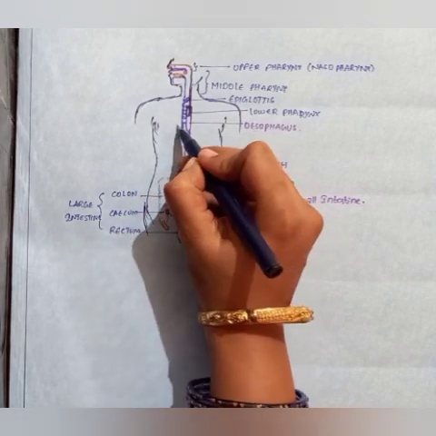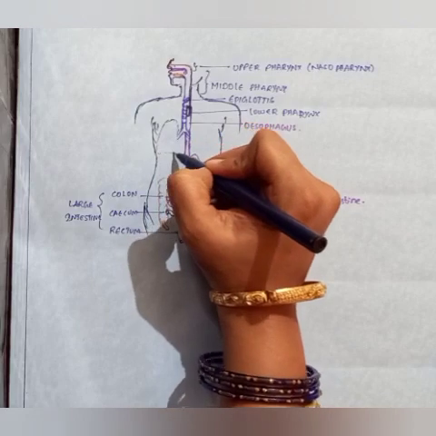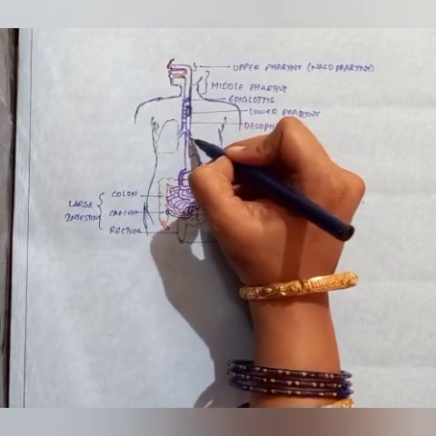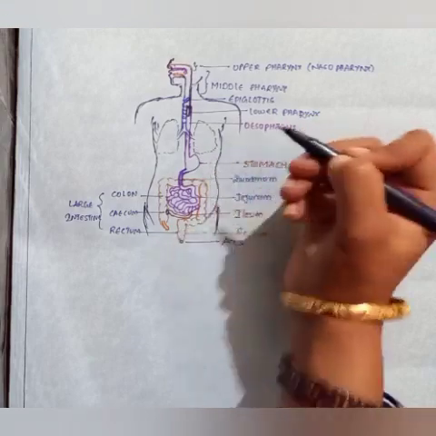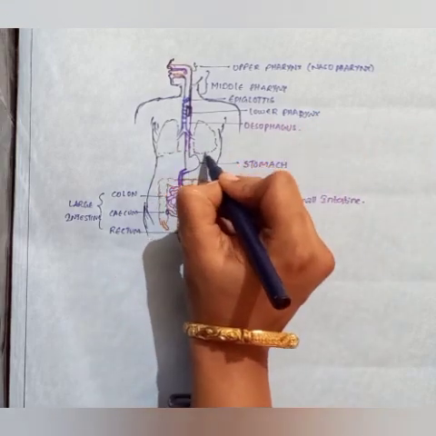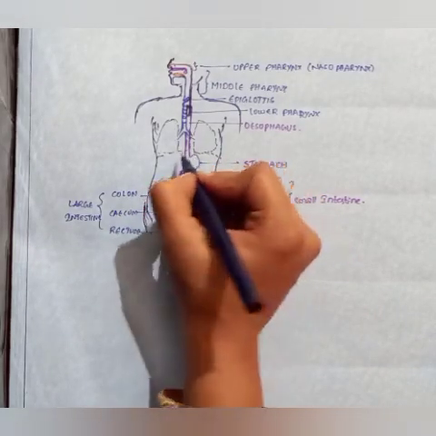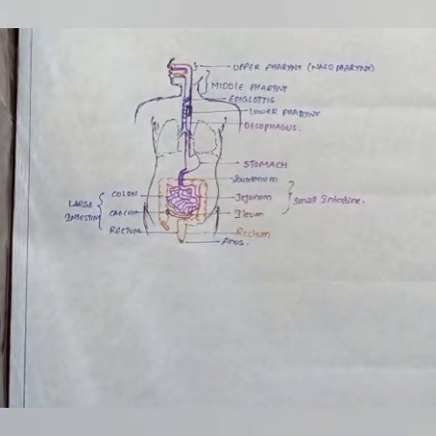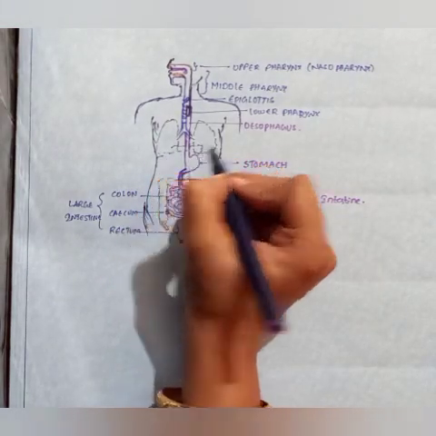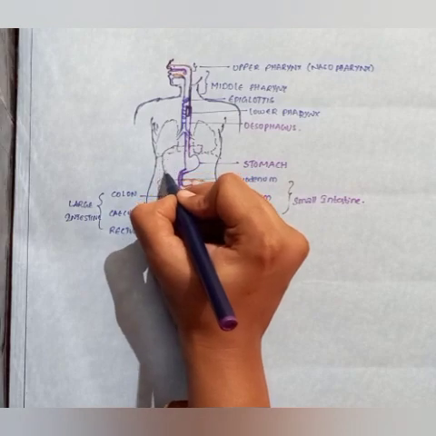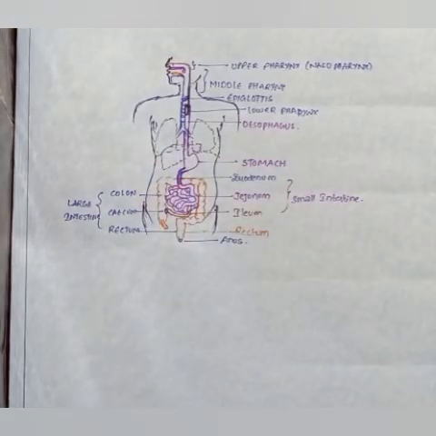See, say for example, if you're having the lungs part here, you'll be having a diaphragm also here like this. Okay, so we'll be having a liver at this part, right, like this. This is called the liver.